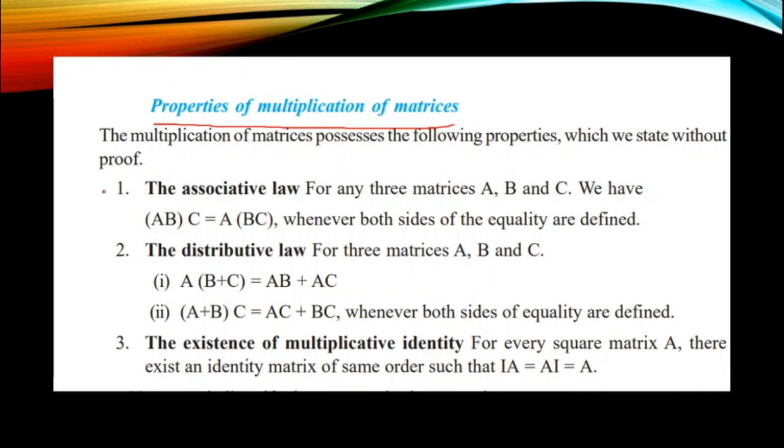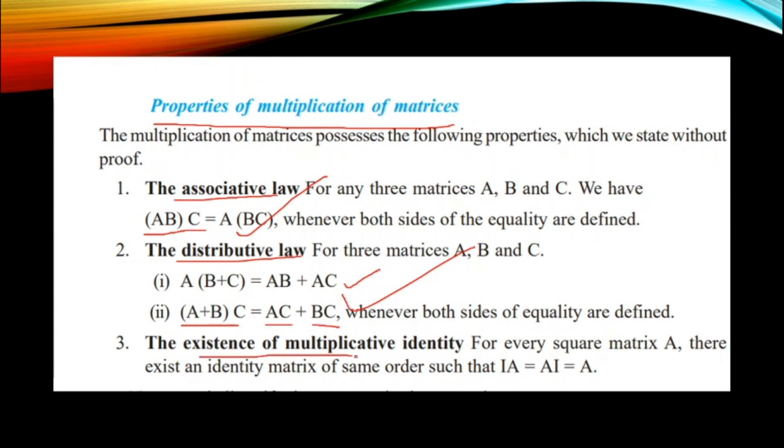And here the other properties are the associative law, that is (AB)C equal to A(BC). So it will be equal, they are saying. Distributive law, A(B plus C) equal to AB plus AC. When you solve this, you will get LHS equal to RHS. Then (A plus B)C equal to AC plus BC. Here also it will be equal.